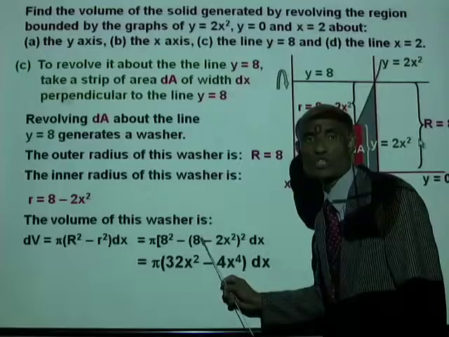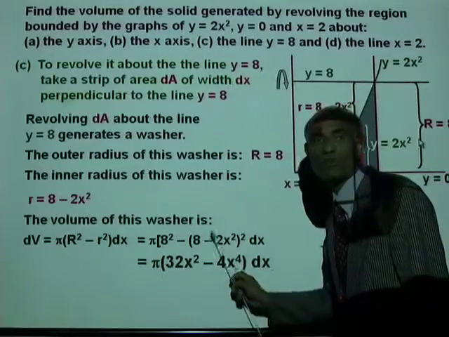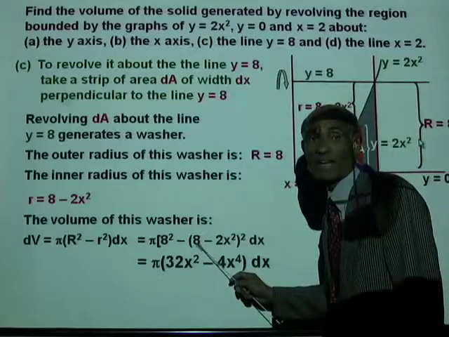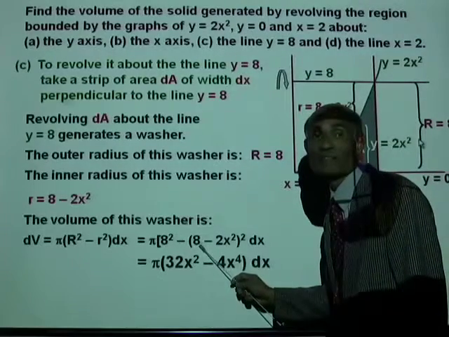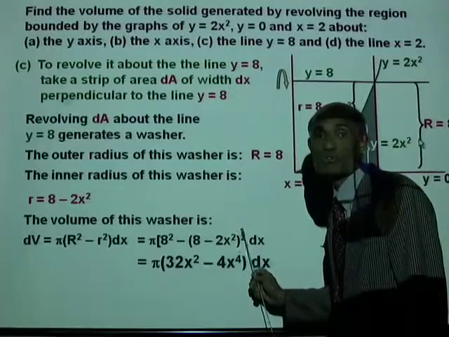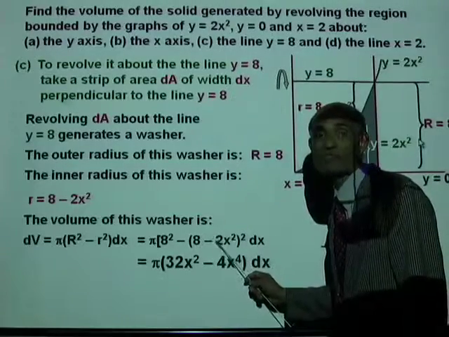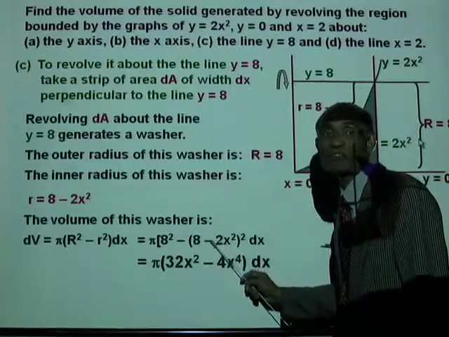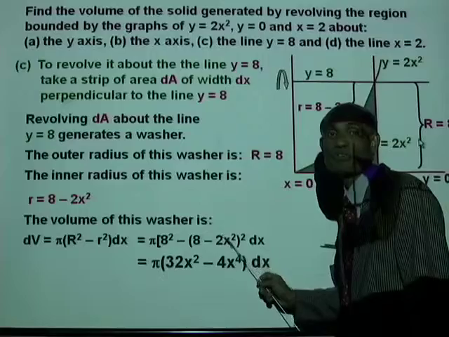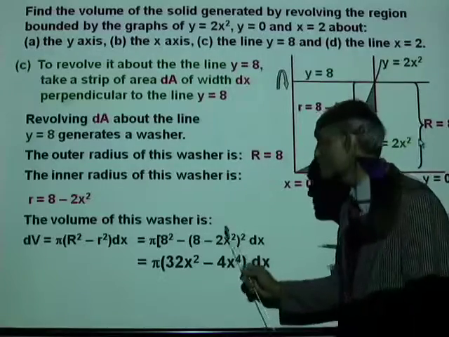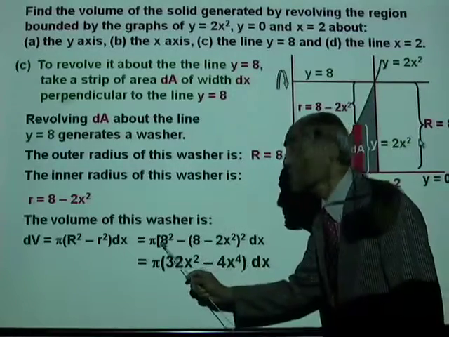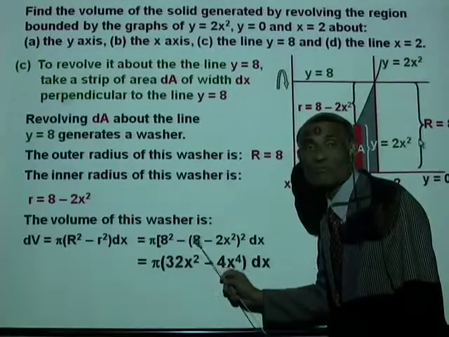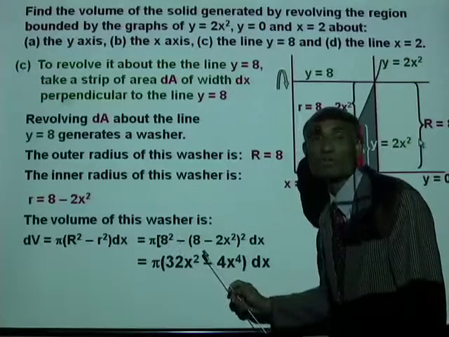First, simplify this quantity. 8 minus 2x squared, the quantity raised to the power of 2. It will be 8 squared minus 2 times 8 times 2x squared. That will be 32x squared plus the square of this, which is 4x to the power of 4. And you notice that when you expand this, 8 squared will cancel with, when you distribute that negative, minus 8 squared, they will go.